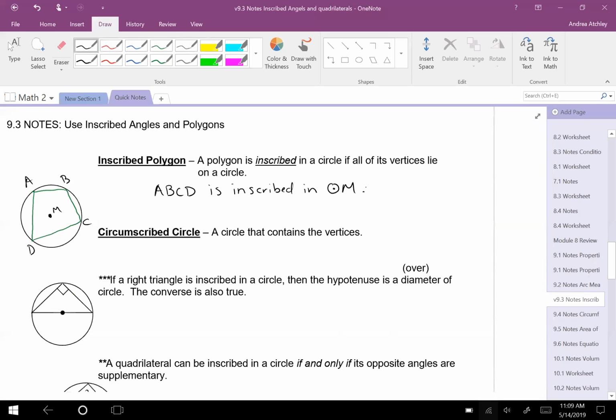The circle circumscribes quadrilateral ABCD.